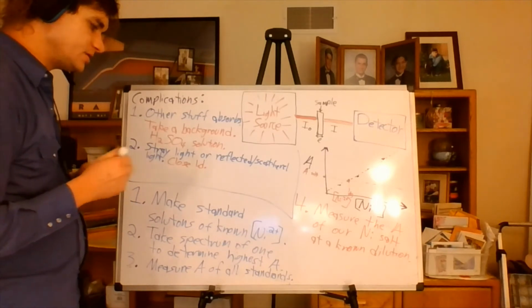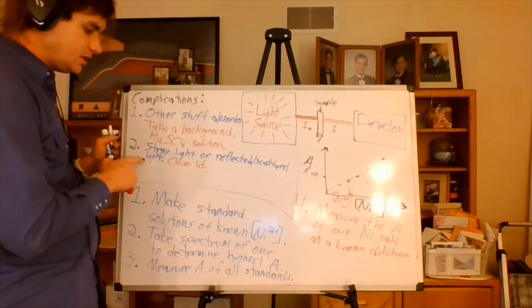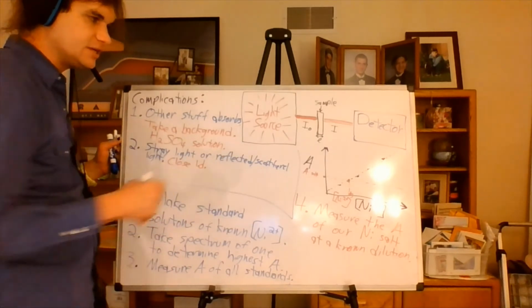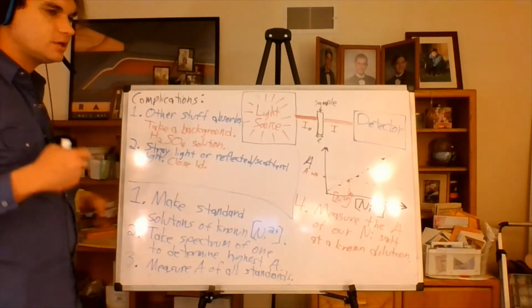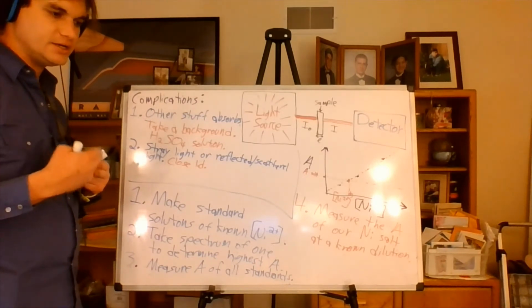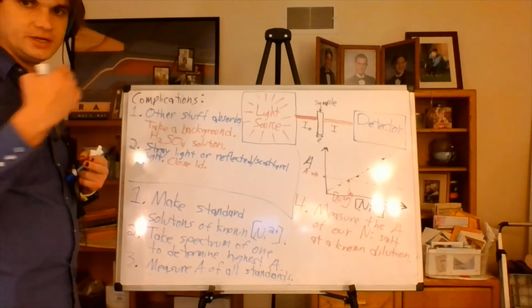In addition to this, there's a possibility that, now what about reflected and scattered light? Well, some fraction of light reflects off of a surface once it goes through from one medium to another medium.